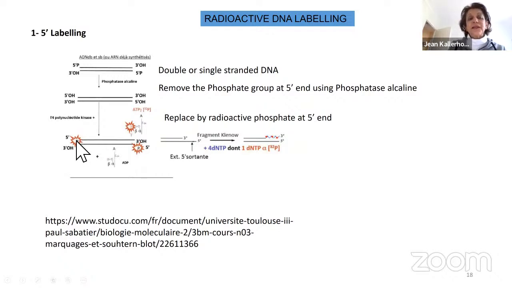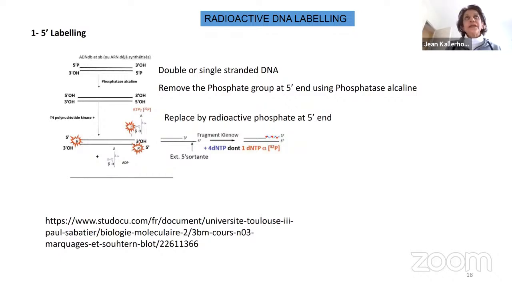And because you have labeled the extremities with a phosphate group, you will be easily able to see it because this radioactive element will print an autoradiography film.